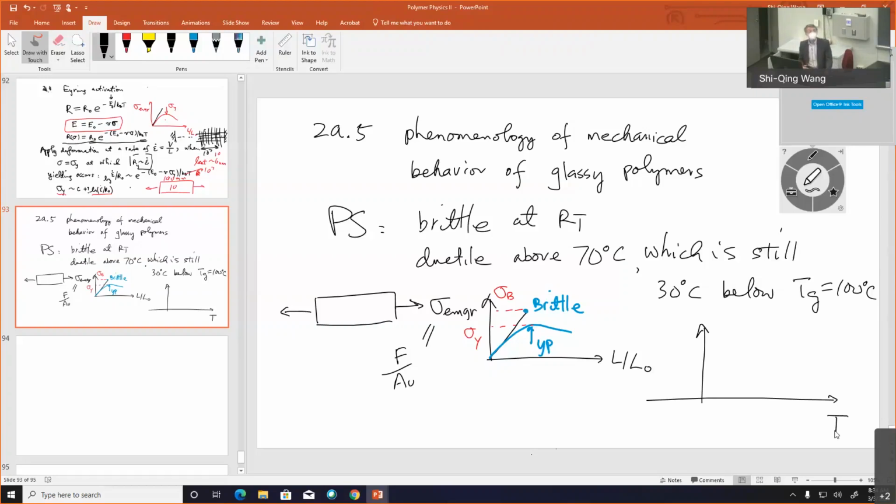You have polystyrene in mind, but this plot will be general for any glassy polymers. So you will find that this maximum is obviously the so-called yield stress. That's why we use the word sigma Y. So you have that.